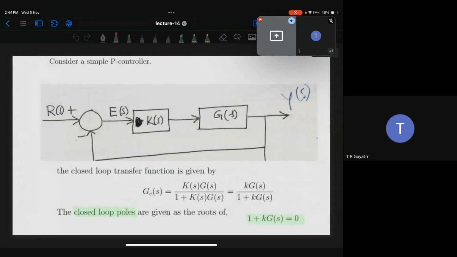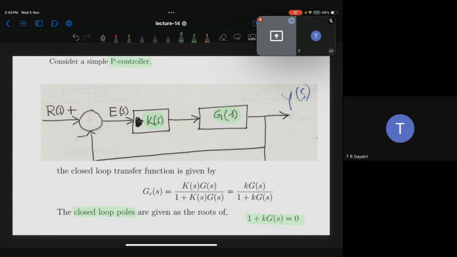Look at this block diagram where we have an open loop system. The open loop transfer function is G(s), and the controller is K(s), the controller transfer function. We have this feedback system.